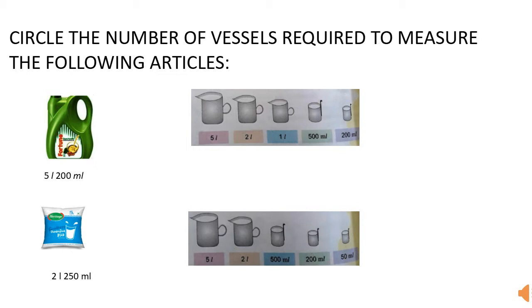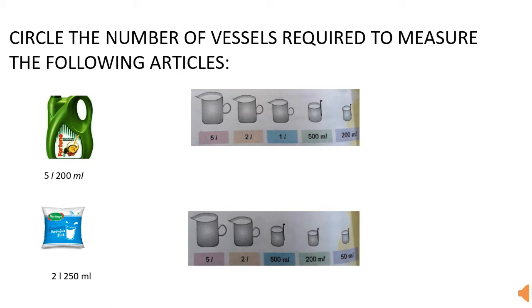Now children, can you answer this question? Circle the number of vessels required to measure the following articles. The first one you can see, Fortune oil is given and you want to measure 5 liter 200 milliliters. Okay, so which are the containers given here? 5 liter, 2 liter container, 1 liter container, 500 milliliter container, and you are also given a 200 milliliter container.